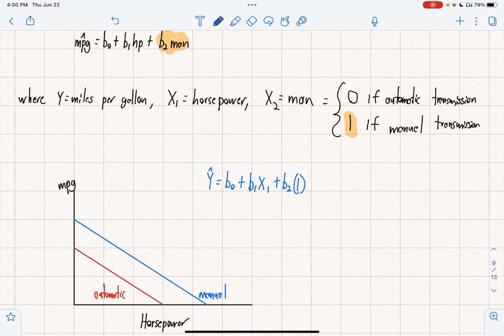It's equal to 0 if not. So if we were to rewrite this, we would have b naught plus b2, because b2 times 1 is just b2, plus b1 x1. Actually, let me just put some parentheses around this.